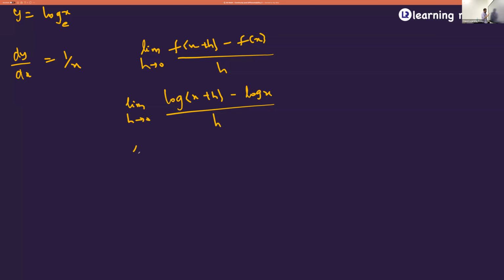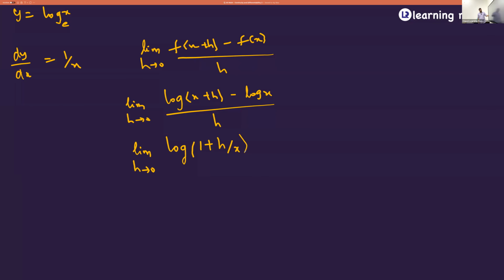So observe, this will be limit h tends to 0. Now you know the property log a minus log b, the second property, log a by b. So I can write this as log of x plus h divided by x, so it will be 1 plus h by x. Am I right? You understood, no?